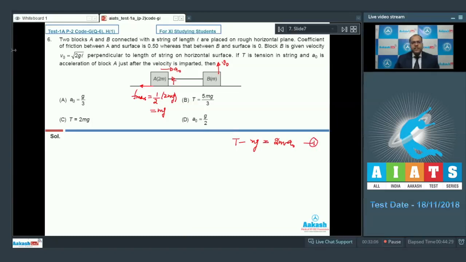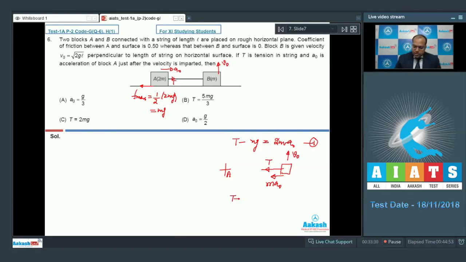If I study the motion of block B from the frame of A, then I have to apply a pseudo force on block B. So T is acting in this direction and the pseudo force m a0 is acting in this direction, and with respect to block A, it is moving in this direction with velocity V0 at that moment.